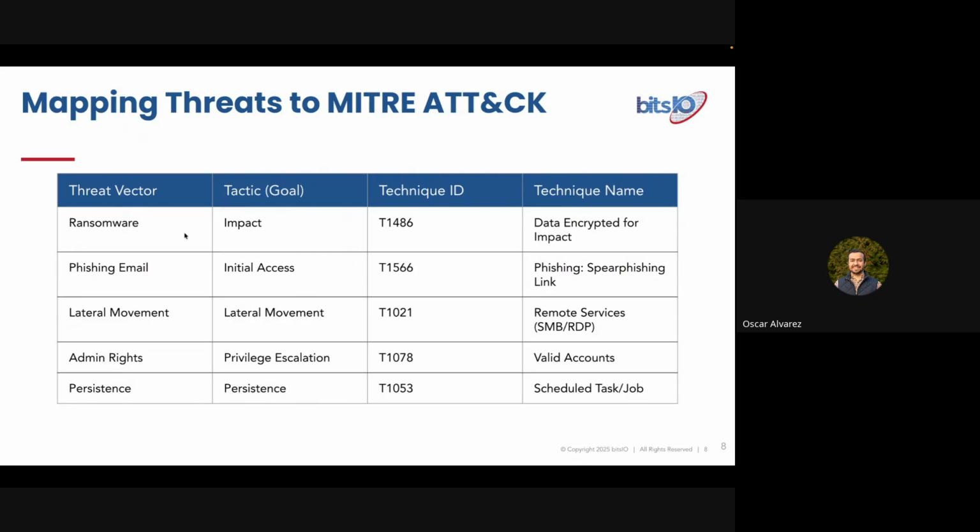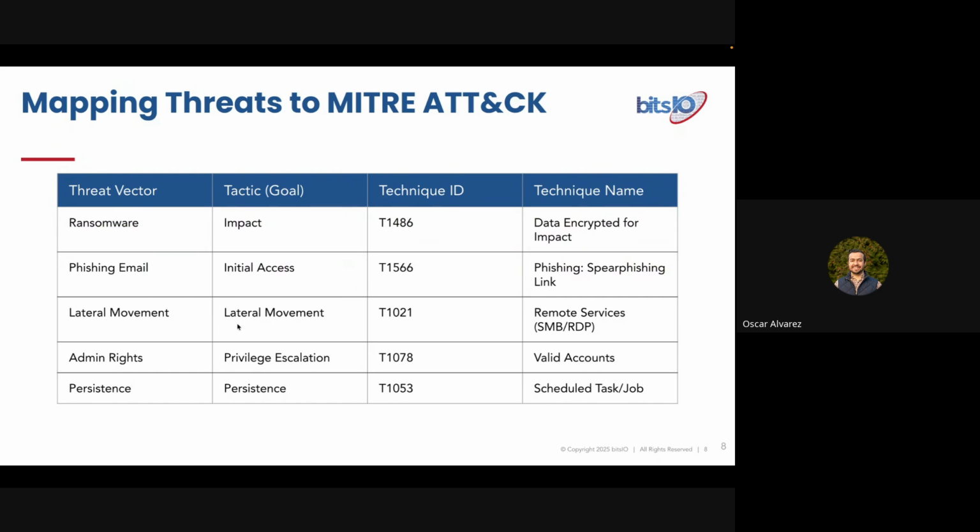For example, on ransomware, the tactic or goal will be impact, which is defined as the adversary trying to manipulate, interrupt, or destroy your system and data. You have a technique ID, and one of the technique names would be data encrypted for impact, which is, again, ransomware.